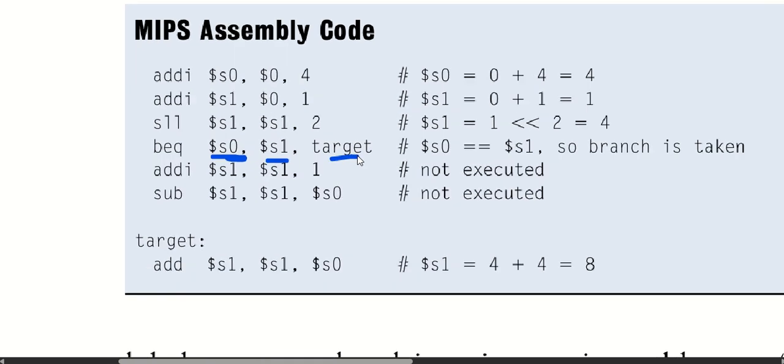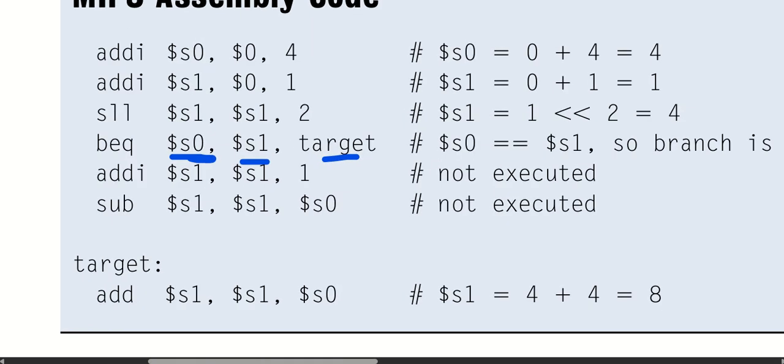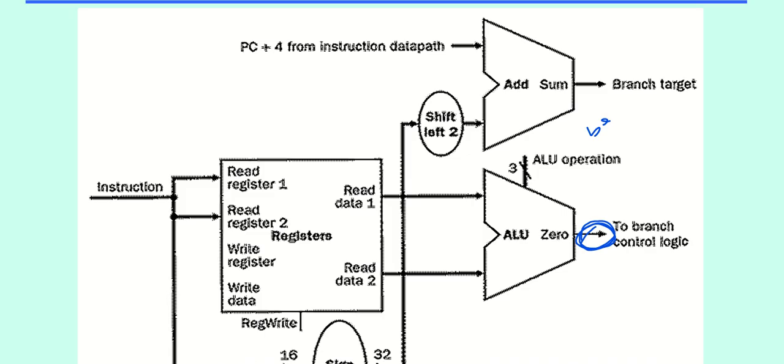So you have two sources, and these will be subtracted from each other, and if they are equal, the zero signal will be asserted. That will be used as part of the control and the data path. That's the necessity of the zero signal.